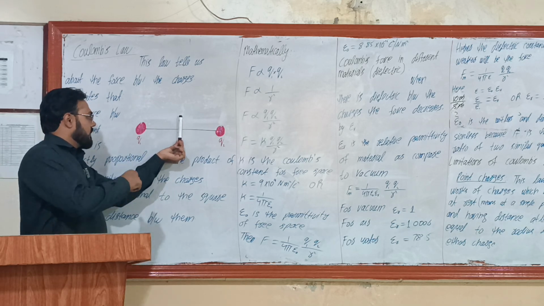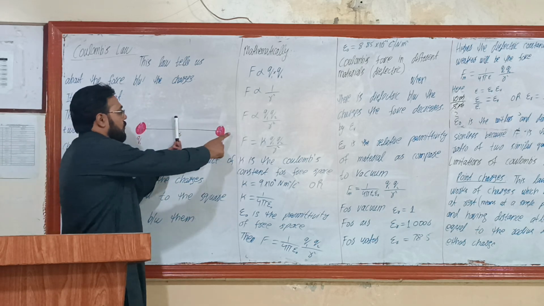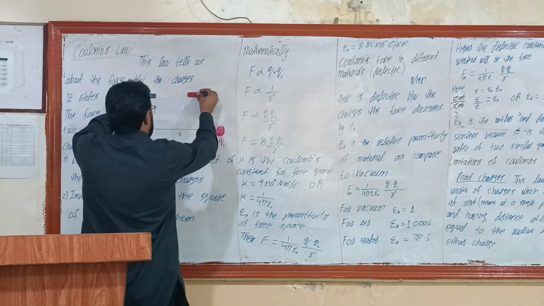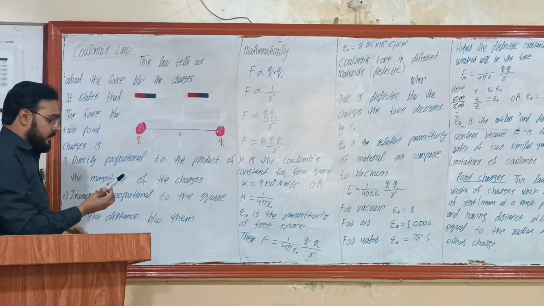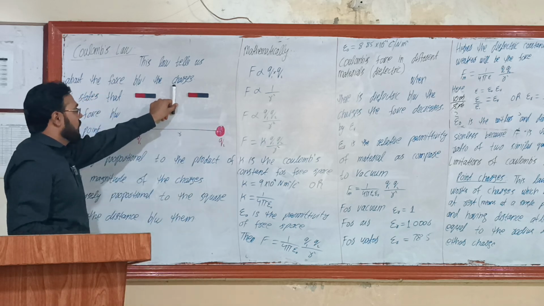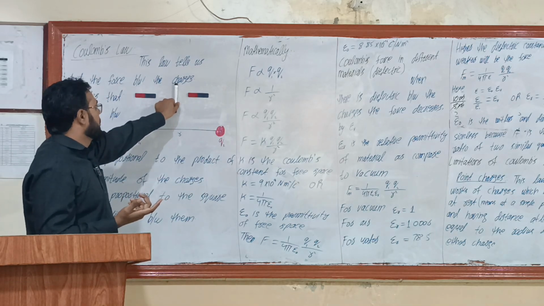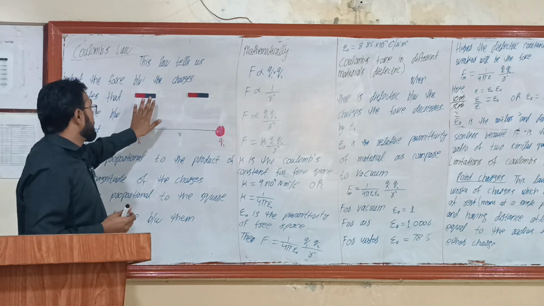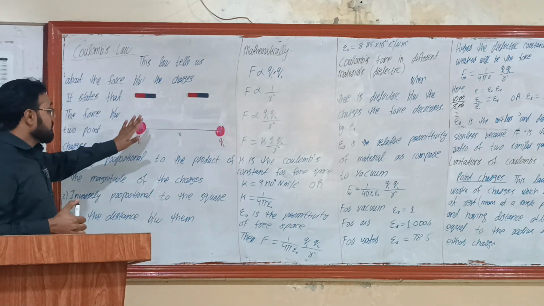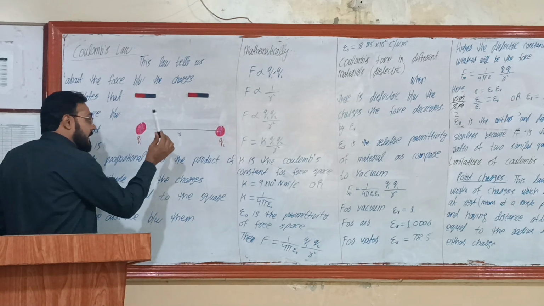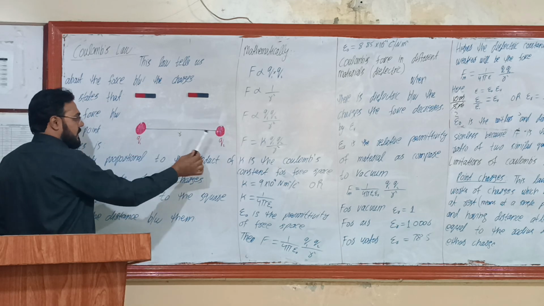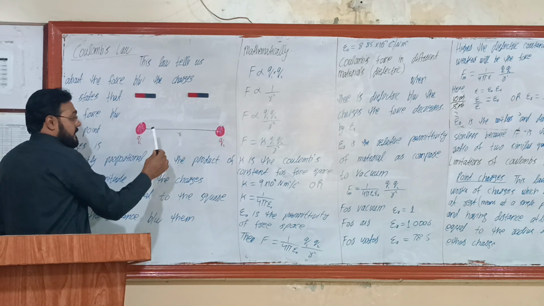If I put the marker between Q1 and Q2, the force decreases. If I put the marker between these two magnets, the force decreases. If I remove it, the force increases because there is no barrier between the magnets. Same here: this marker will be a dielectric if I put it between the magnets or between the charges, and the force decreases.